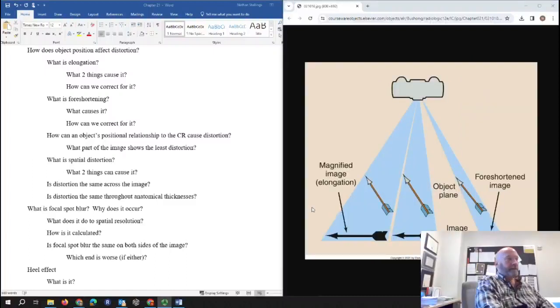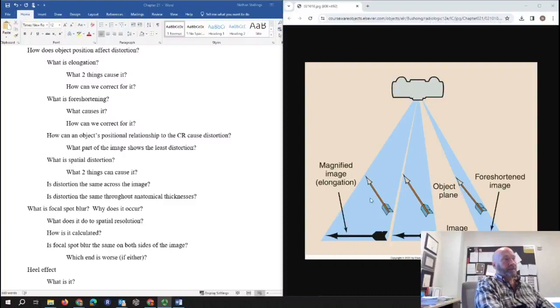So this graphic in the textbook is just a little bit confusing. I really kind of wish that he had not put all of the arrows at an angulation. This is really good for demonstrating foreshortening, but in as much as demonstrating elongation, I wish it was more parallel.